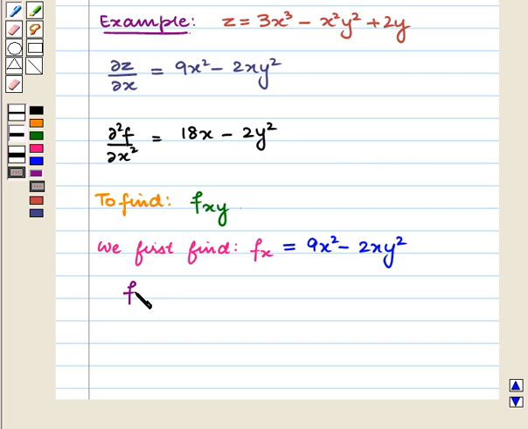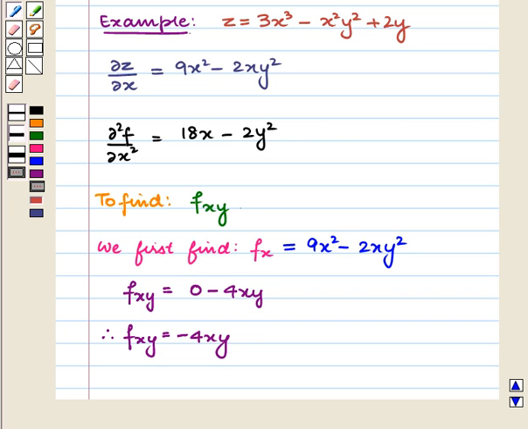We get f sub xy is equal to 0 minus 4xy. Therefore, f sub xy is equal to minus 4xy, which is the required partial derivative.